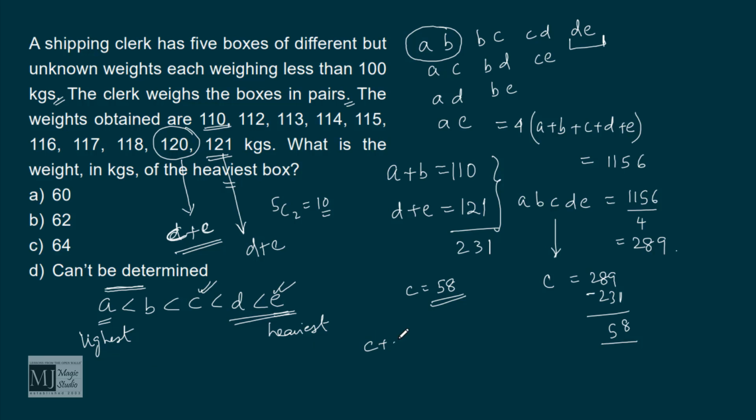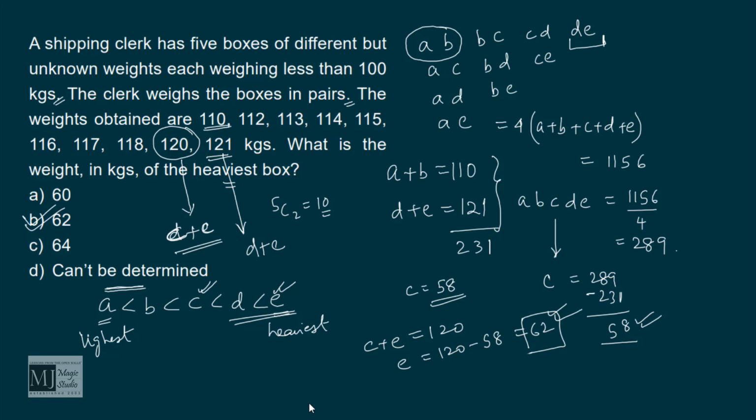So C plus E is 120. We have the value of C, isn't it? That is 58. That means E should be equal to 120 minus 58. That is 62. The heaviest weight should be 62. Yes, we have this answer, that is 62.